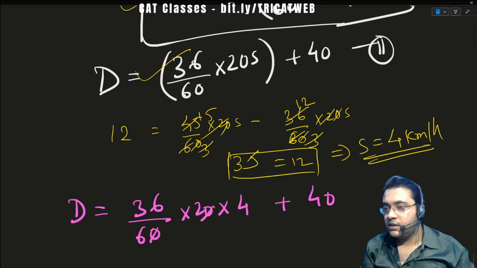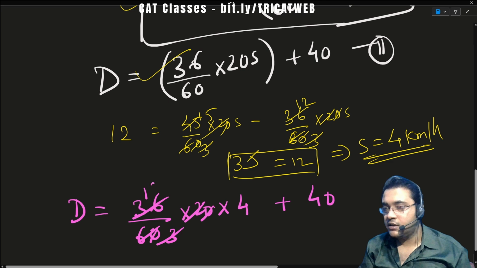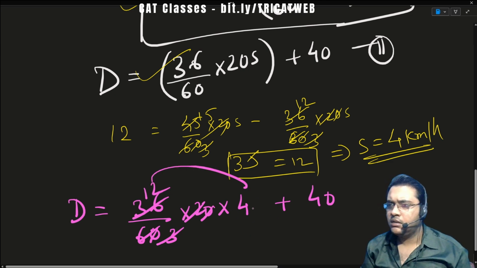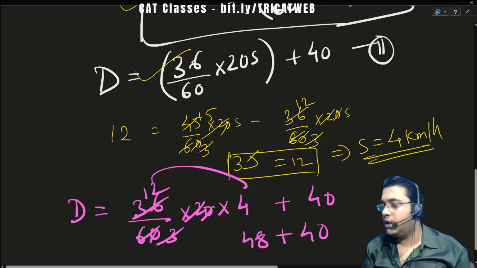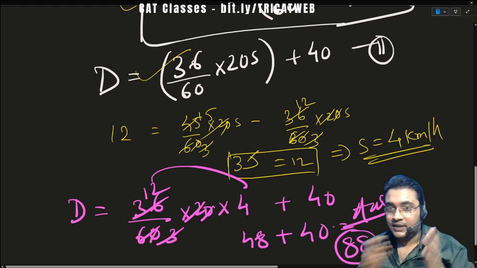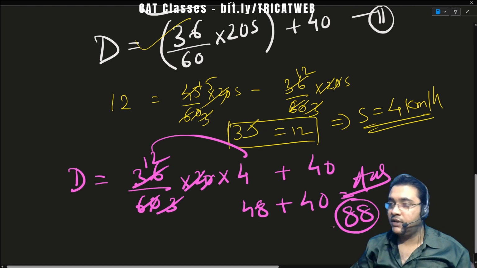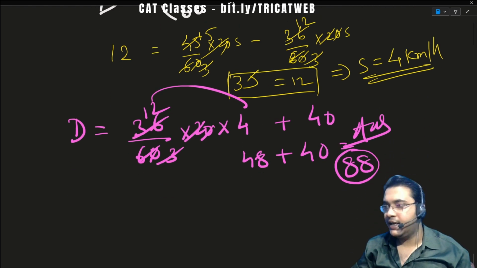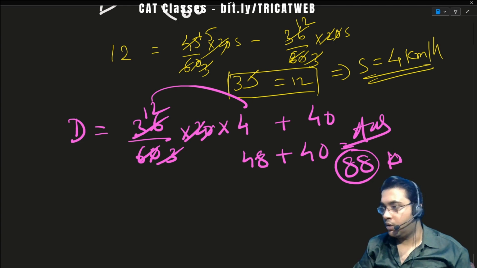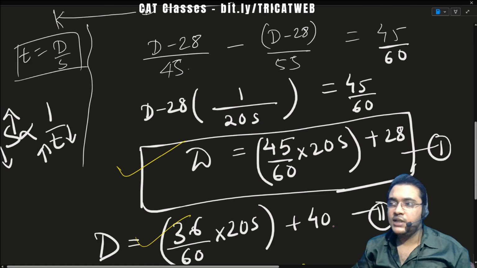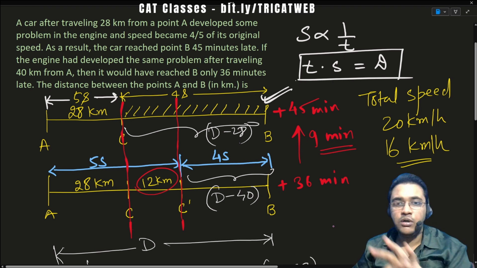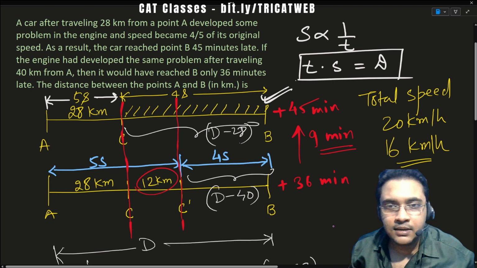So 0 and 0 cut, this is 3, this is 12, 12 fours are 48, and 48 plus 40 is equal to 88, and this is what we have gotten in the first case also. Logically also we were getting 88 kilometers only. So the answer to this question is 88 kilometers.